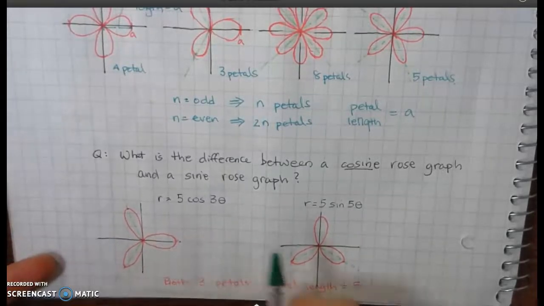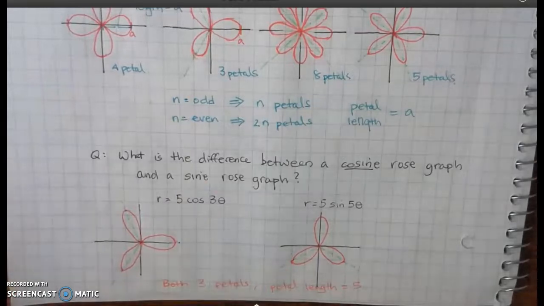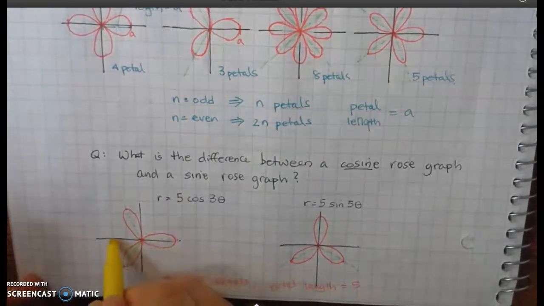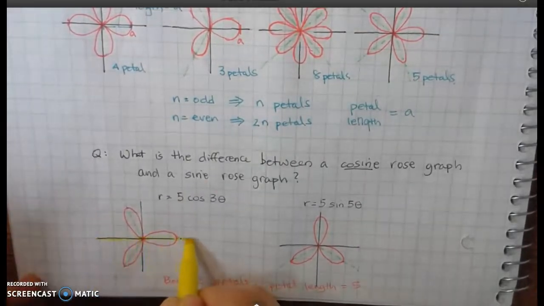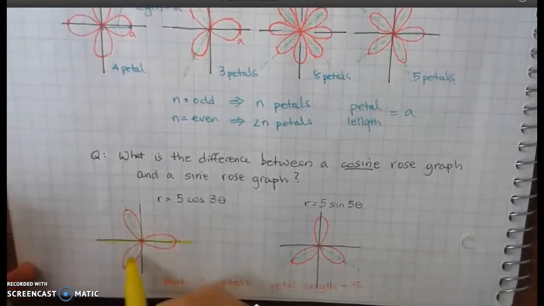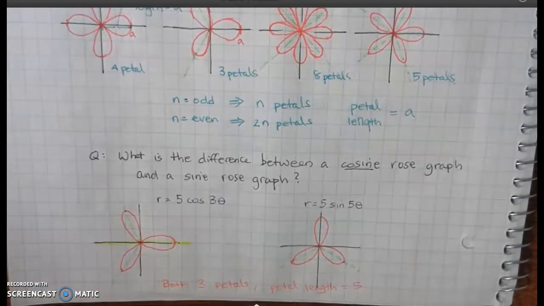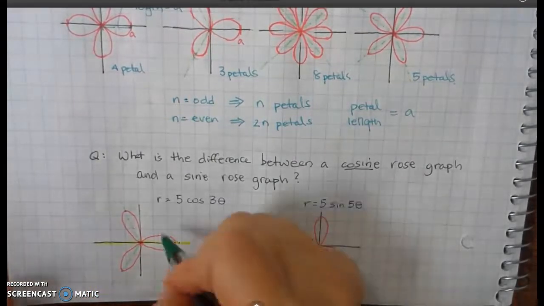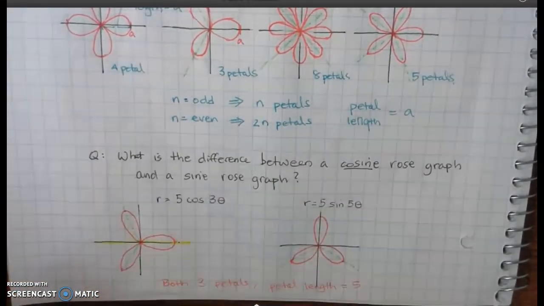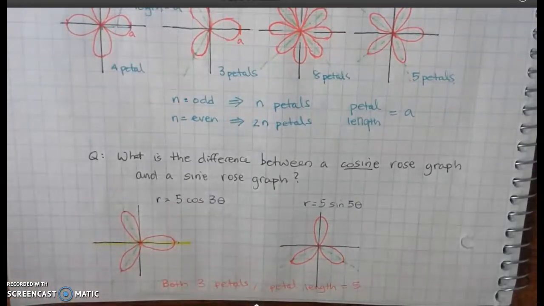However, it's almost as if you could reflect this flower over the horizontal line. So this line right there is going to create a symmetry.